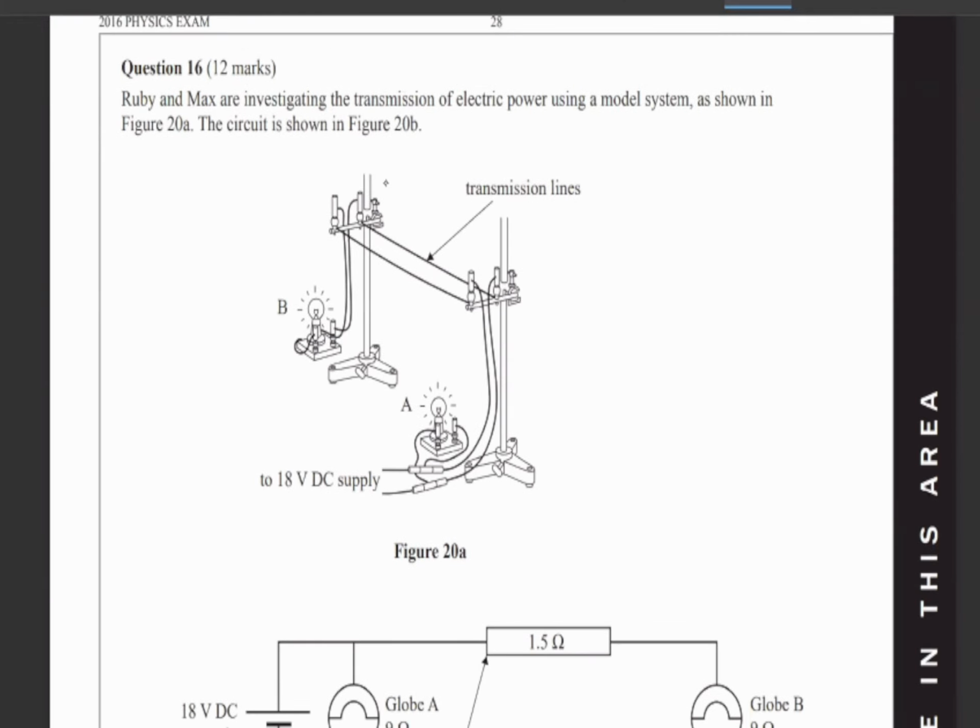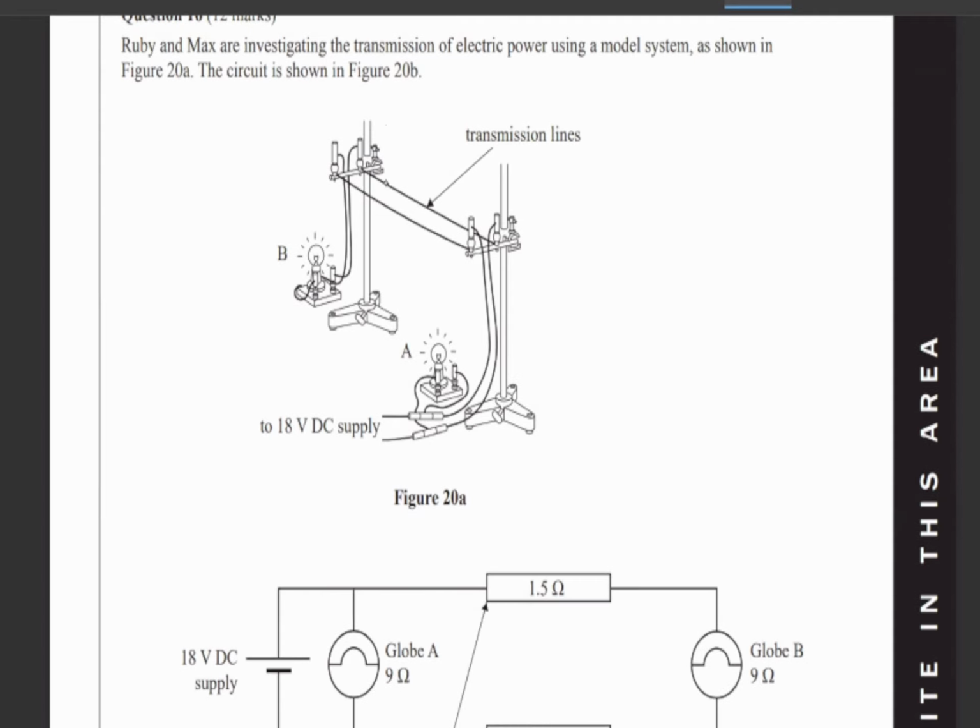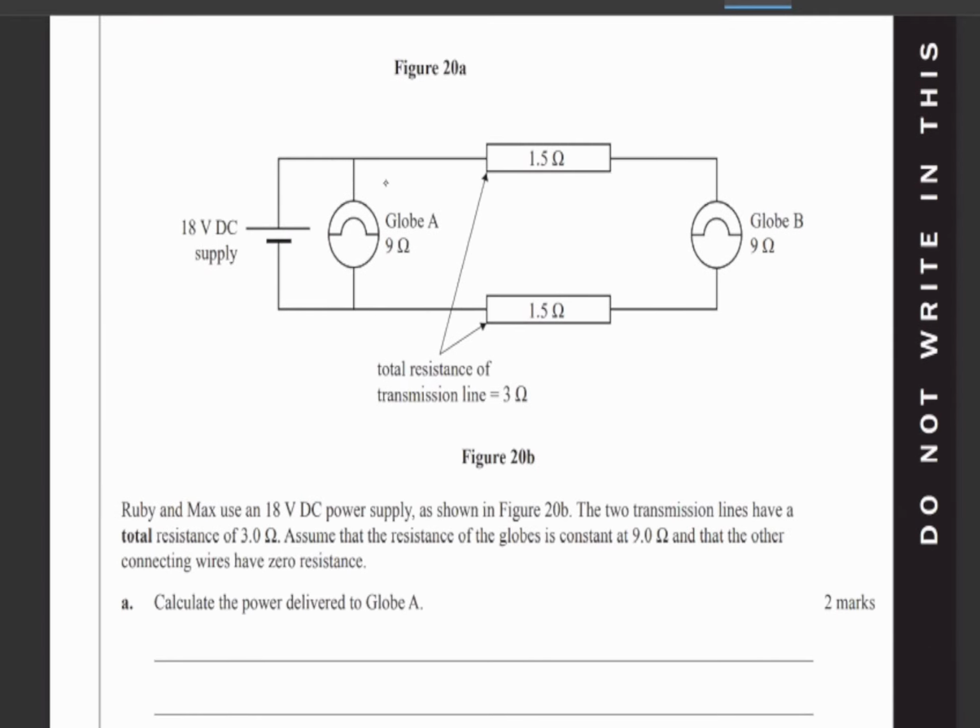Investigating the transmission of electric power using the model as shown in figure 20A. Calculate the power delivered to globe A, so this one. So we can use P equals IV and then V equals IR.